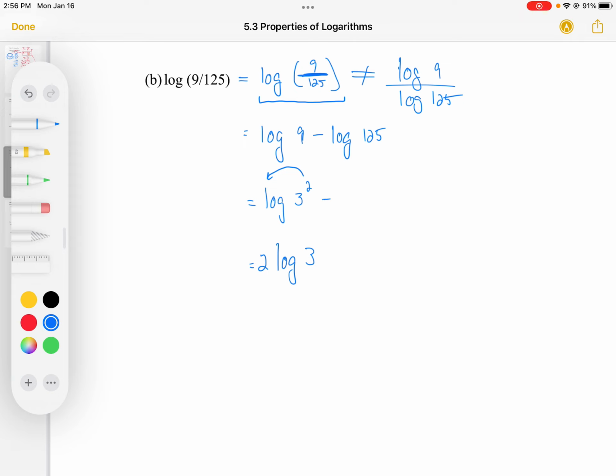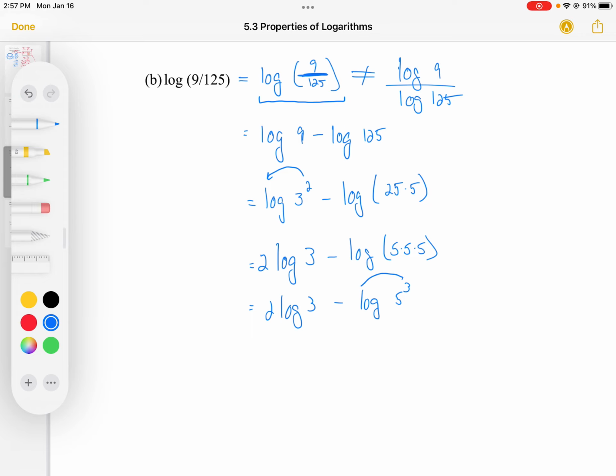Now I'm going to work with the second part of the expression, log of 125. And 125 I can think of as 25 times 5, which I'm going to take the long way here. So this is the same thing as saying 5 times 5 times 5, which is the same thing as saying 5 cubed.